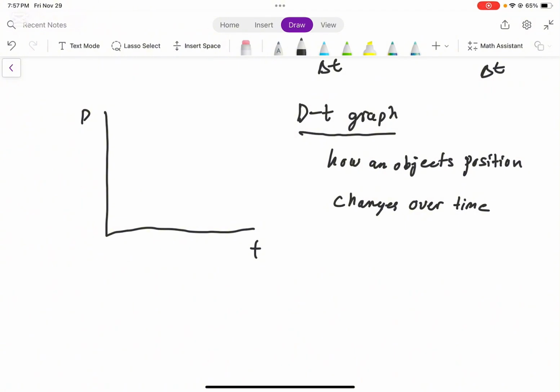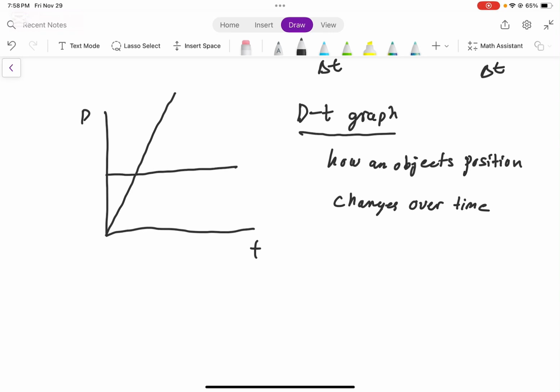Some key features of a dt graph: usually if we have a steeper slope, that means the object has a faster speed or velocity, right? If we had a straight line on here, that typically means that there is no velocity; the object isn't moving at all.